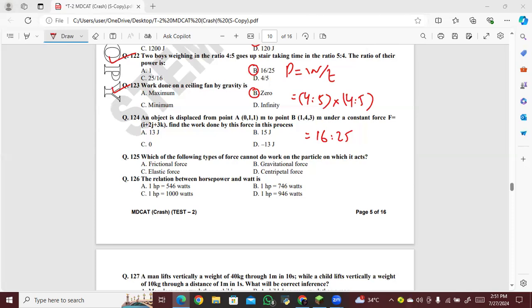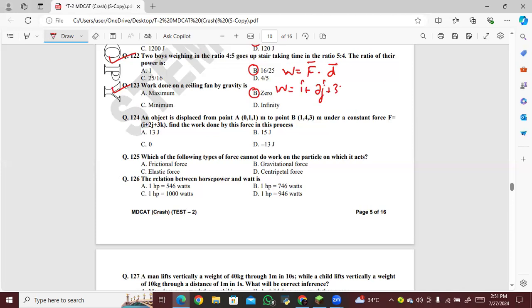Question 124. An object is displaced from point (0,1,1) to (1,4,3). Find the work done. So first of all, you have to take dot multiplication of force into displacement. It is i plus 2j plus 3k dot, what is displacement?